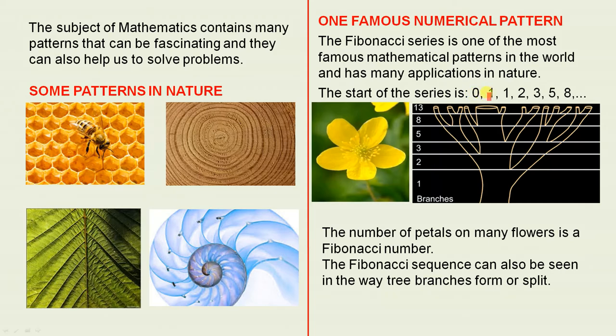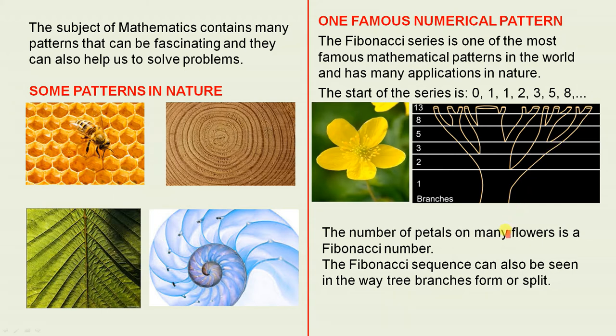Well, that's what we do with the Fibonacci series. But to get the third number, you go 0 plus 1 equals 1. To get the next number, 1 plus 1 equals 2. To get the 3, 1 plus 2 equals 3. To get 5, 2 plus 3 equals 5. And to get the 8, 3 plus 5 equals 8. And that continues on. That's how we build up the pattern.